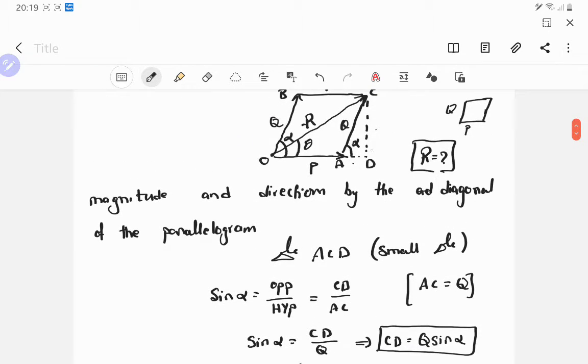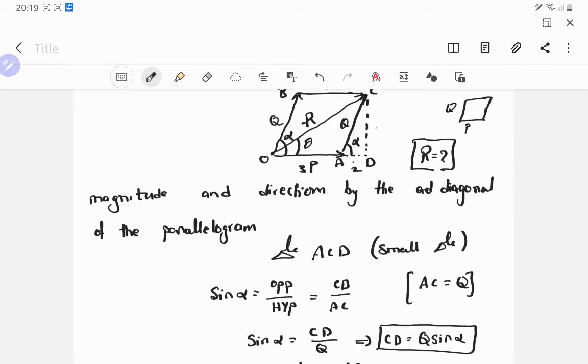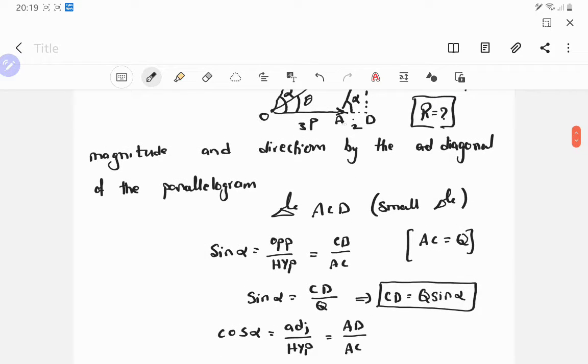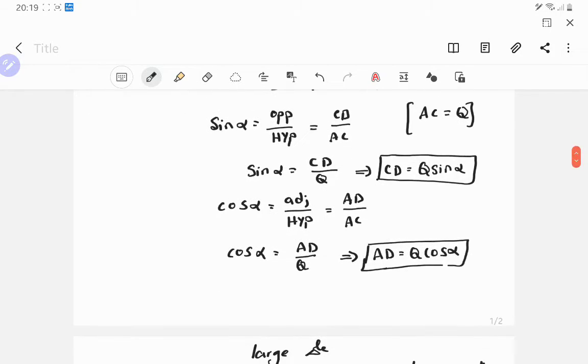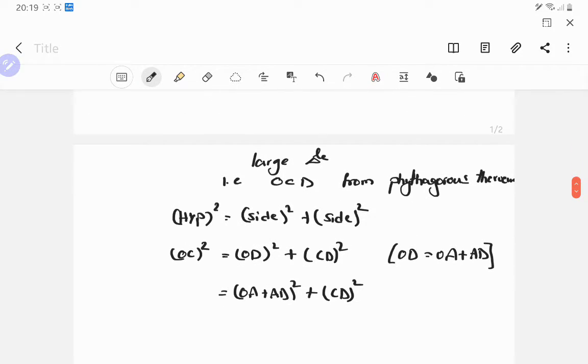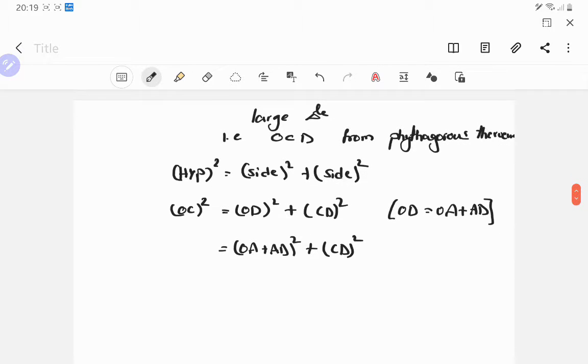If we think of OA as 3 meters and AD as 2 meters, then 3 plus 2 is equal to 5. Directly, OD is equal to 5 meters, that is OA 3 meters plus AD 2 meters. So I am taking OD equal to OA plus AD.